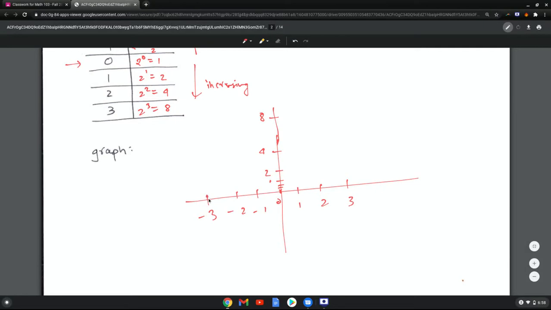So these points are really close to the axis here. There's 1, 2, 4, 8. If you connect this, it's going to look something like that. It's going to keep on increasing. Now this shape is like a sleeping J, so it's also called a J curve. It kind of looks like a J.